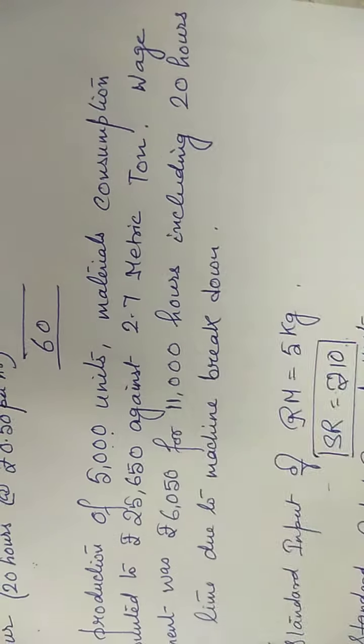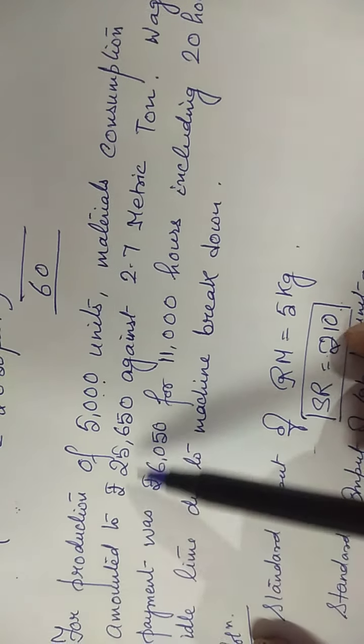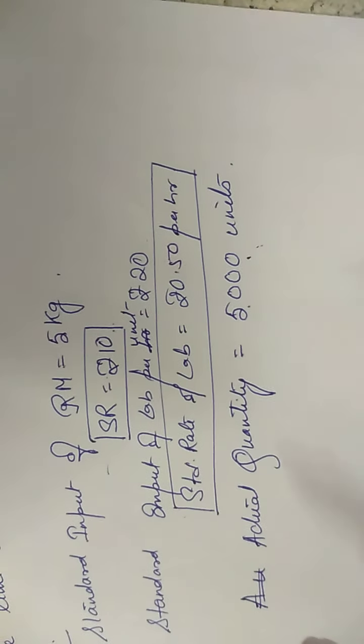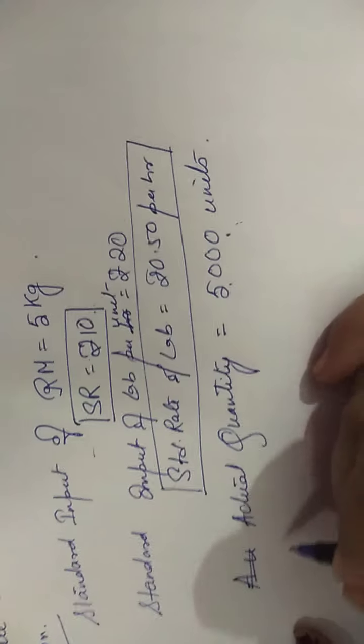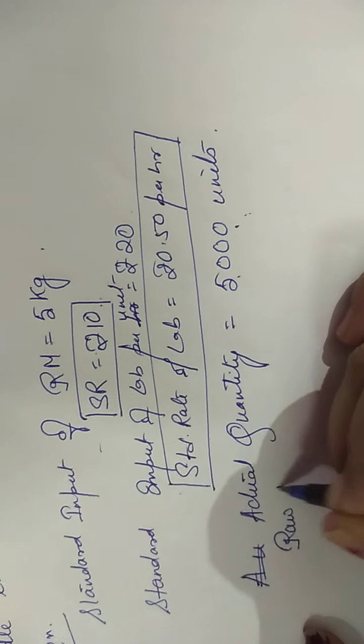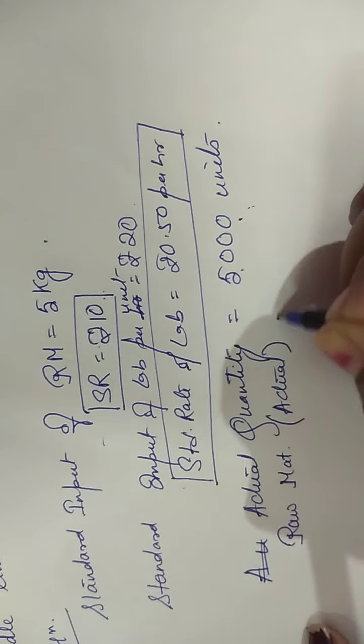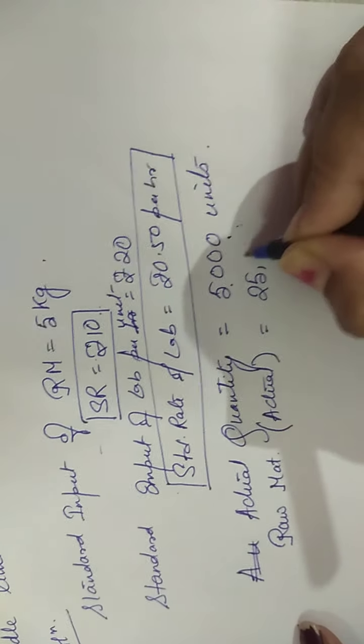As written, material consumption amounted to rupees 25,650. Means when actually you started the manufacture process and you produced 5,000 units, your actual raw material cost amounted to rupees 25,650.